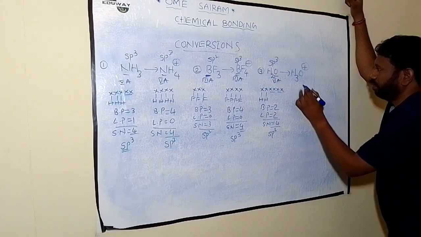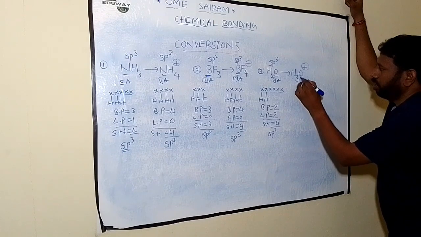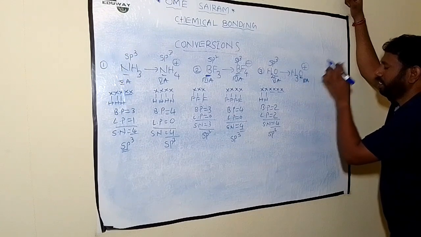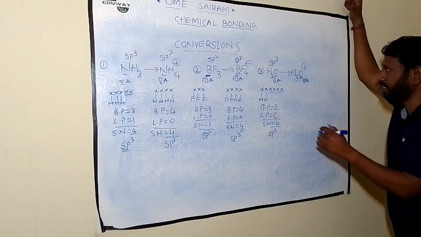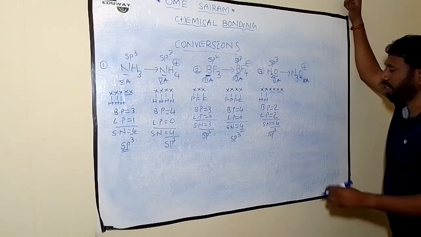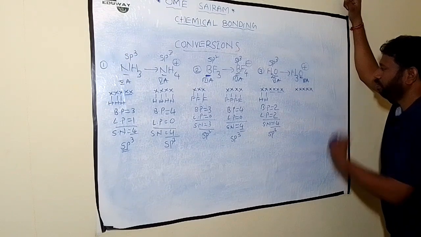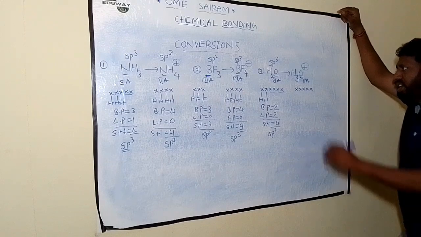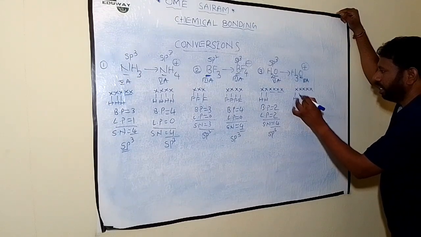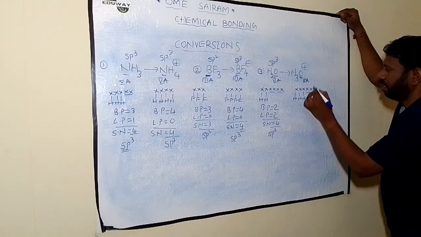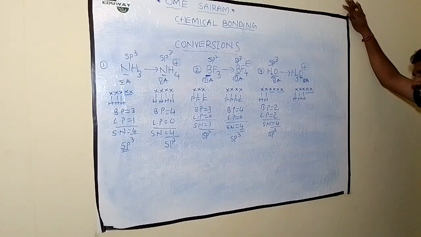Now H3O plus. In this, the central atom is oxygen. It belongs to 6th A group, and it contains 6 valence electrons, and it has 1 positive charge. That means 1 electron is less. 6 minus 1, 5. 1, 2, 3, 4, 5. So oxygen is forming 3 bonds with 3 hydrogen atoms, and remaining 2 electrons exist as 1 lone pair.